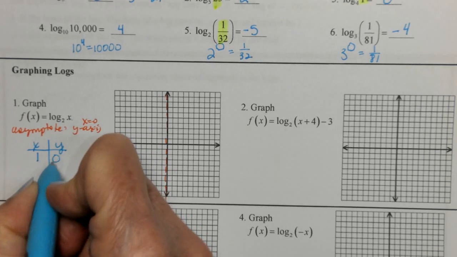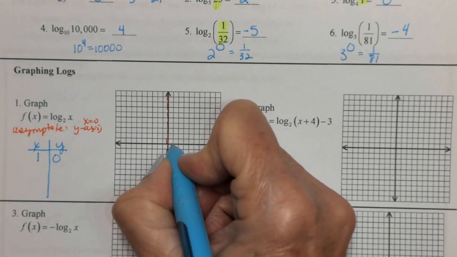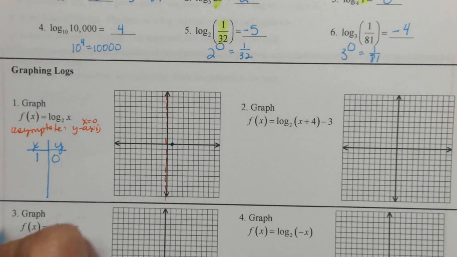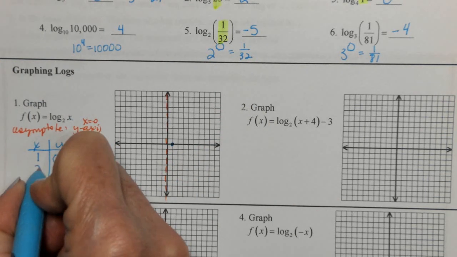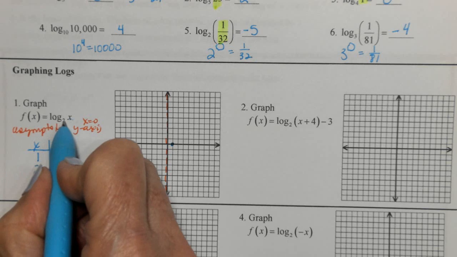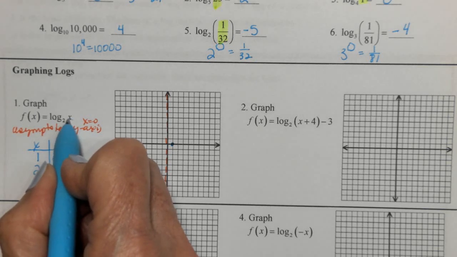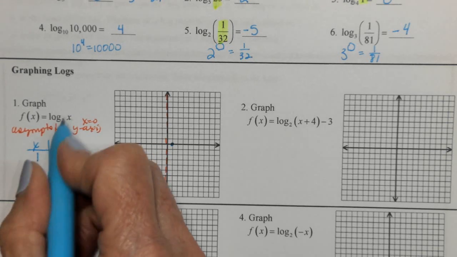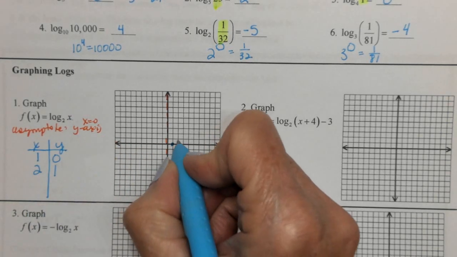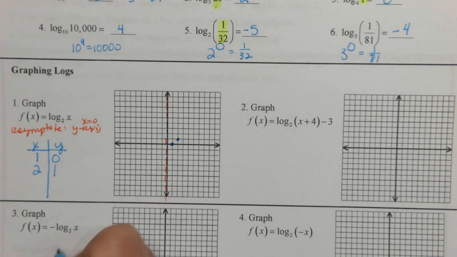Well, 2 to the 0 power is 1. So (1, 0) is on the graph. What about when x is 2? What exponent do you raise 2 to get 2? That would be a 1. So (2, 1) is on the graph.